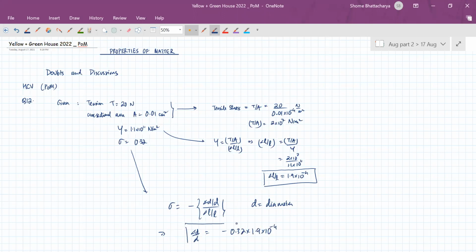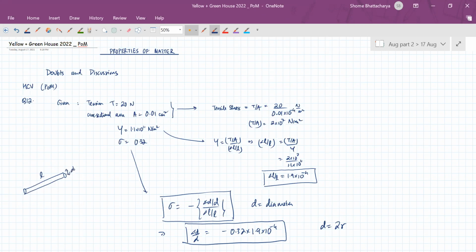This much. Sir, what is Poisson ratio? Poisson's ratio is this thing. It is the fractional change in diameter divided by the fractional change in length. So when you have a material whose natural length is L and natural diameter is D, but because of stress you subject it to an elongation like this, then the diameter will tend to decrease, because you have created stress by applying external force.